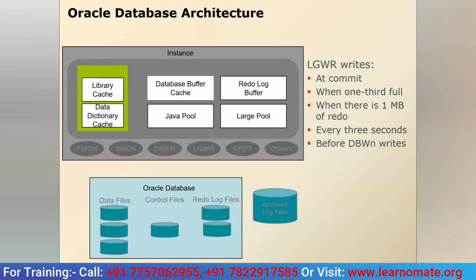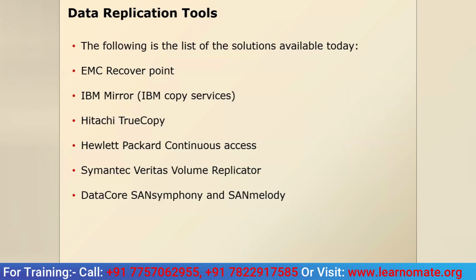So GoldenGate has a lot of competitors. It's not like Oracle GoldenGate is the only player in the market, but still 95 to 97% of the market is still captured by Oracle GoldenGate.